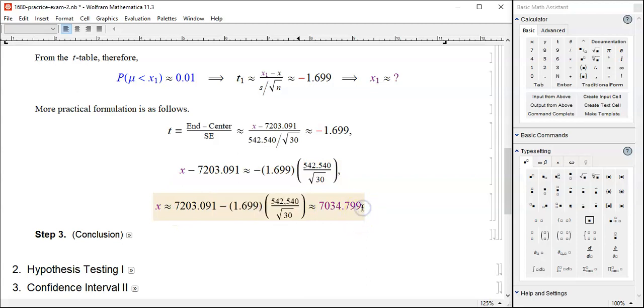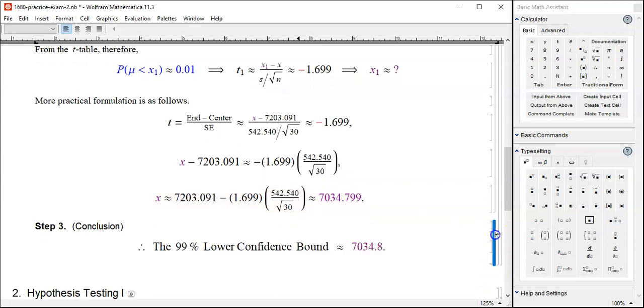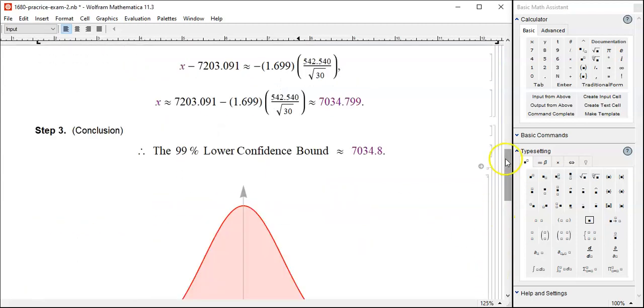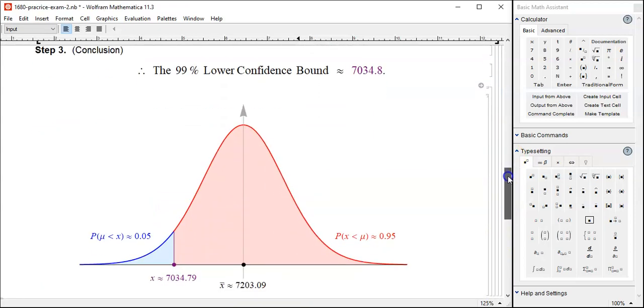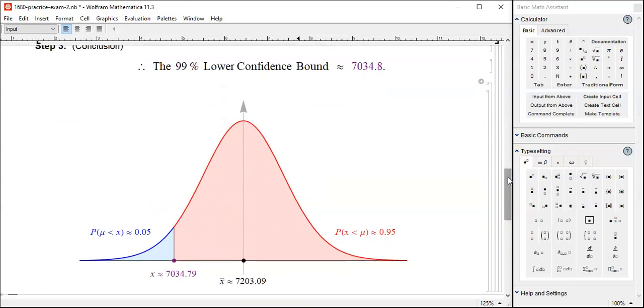Run your calculator, and what do you get? 7,034.8 psi, approximately speaking. And that's the left-hand side endpoint here for this one-sided confidence interval, the red part. And that is the lower confidence bound.